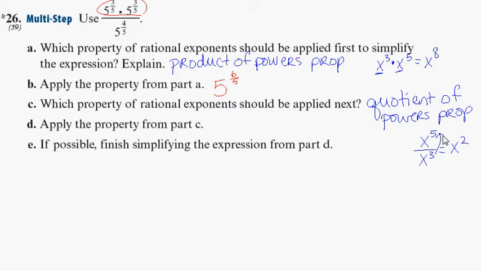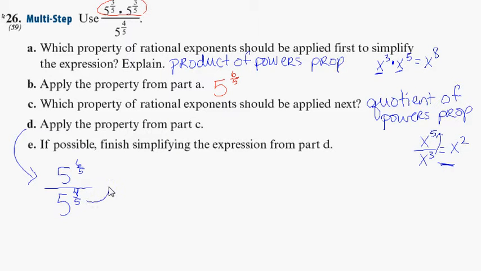All right, so that means we've got 5 to the 6/5 power divided by 5 to the 4/5 power, okay? If this property is true over here, we can do the same thing here. The bases are the same, which is why we're allowed to do this.